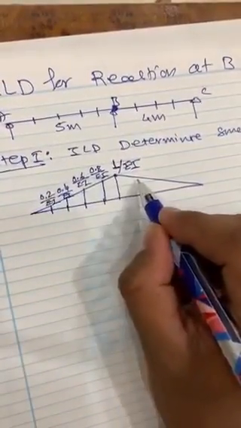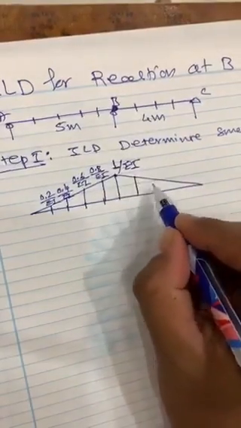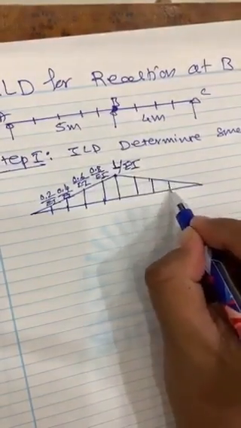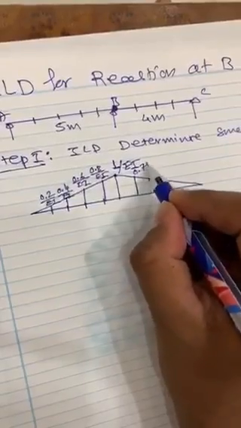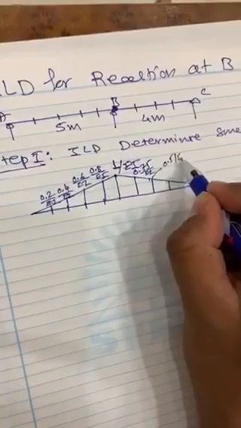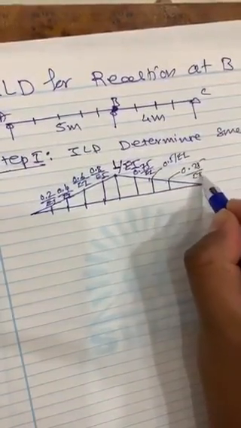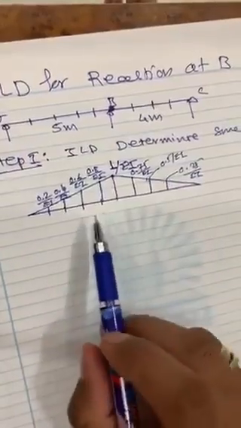On this side there will be 4 intervals, so that means 1, 2 and 3, that is 0.75 by EI, then this will be 0.5 by EI, and then this will be 0.25 by EI. So this is nothing but the determinate displacement.